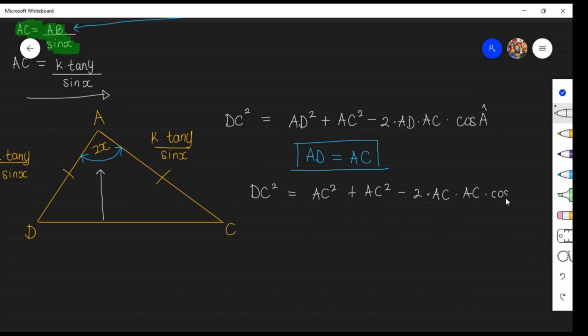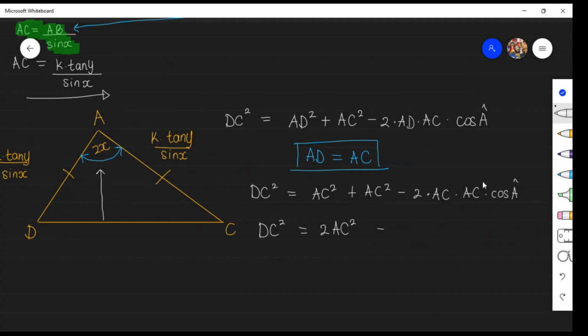times cos of A. Now, from there, as you can see, we've got AC squared plus AC squared. So that is going to give us 2AC squared, because we're adding up like terms. Whenever we add up like terms, we just add up the coefficients in front of those like terms and then place in our variable afterwards.